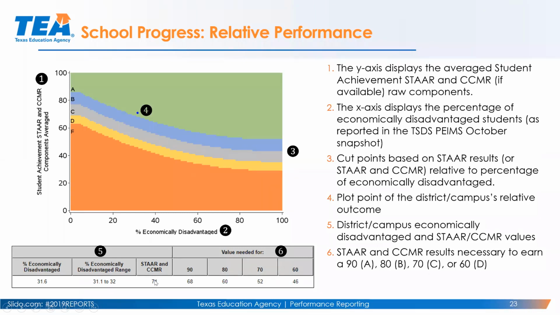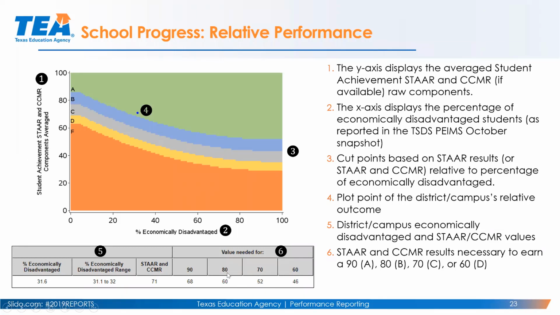At 71, they had more than enough to be granted an A. So going to these cut points, if they had a 46 to a 51, they would be granted a D or a 60. In order to get a 70 or a C, they would need at least a 52 to a 59 to get a C.